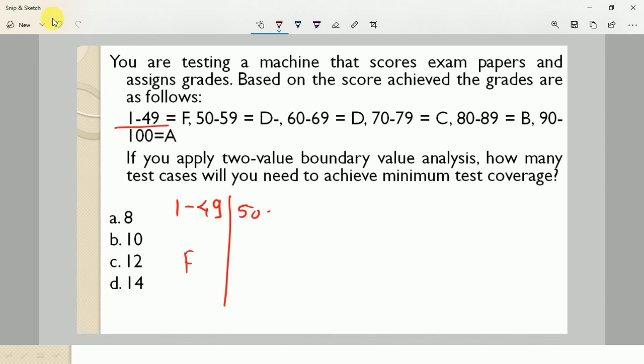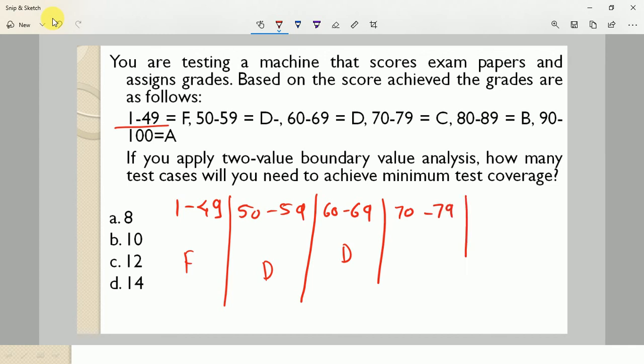So 50 to 59, there is another range for D. 60 to 69, that is again for D. Then 70 to 79, that's for C. And 80 to 89, okay, that is B. And the students 90 to 100, those of course go to A. Now here, whatever partitions you found, all these are called valid boundaries.